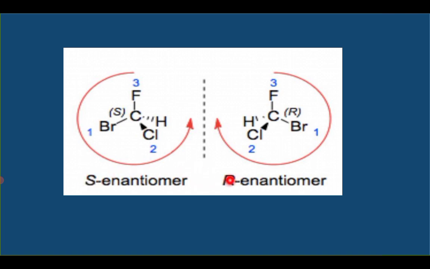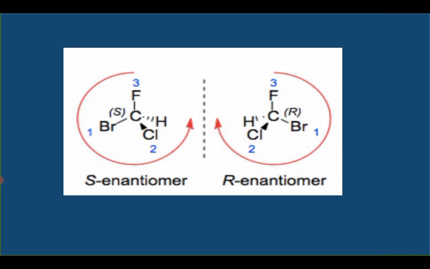Okay, so R is given to the isomer if the sequence is left to right, and R stands for rectus, which is a Latin word that means right. And S is given to the isomer if the sequence is right to left, and S stands for sinister, a Latin word which means left.